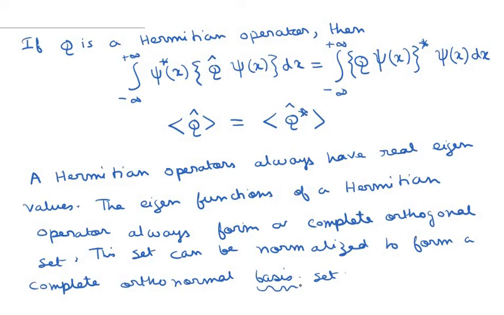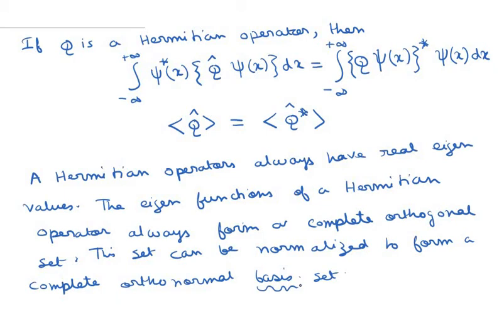For example, in real space, the bases are the unit vectors along the x, y and z directions, because any vector in real space can be broken down in terms of those component vectors.